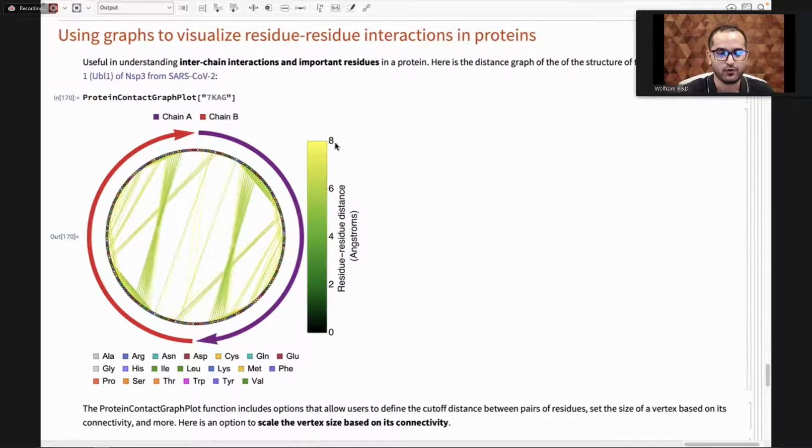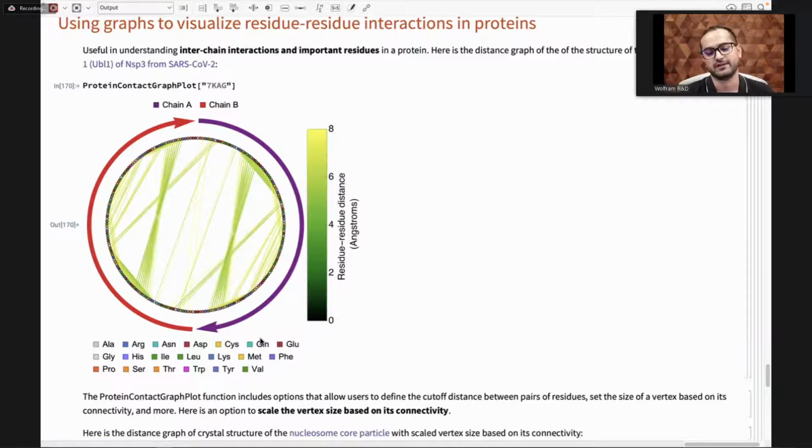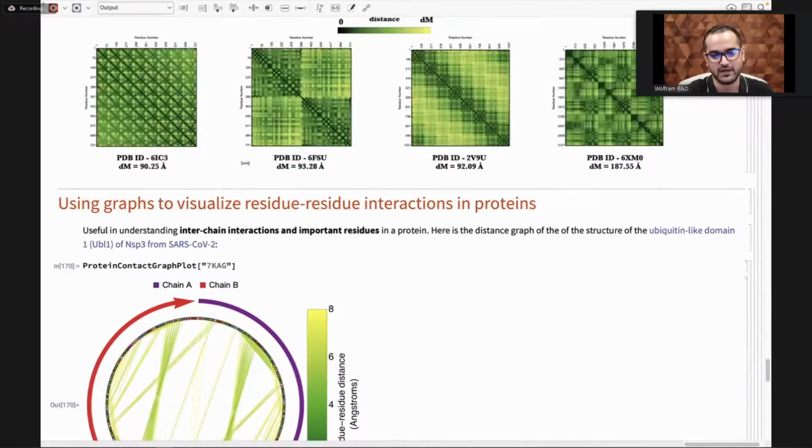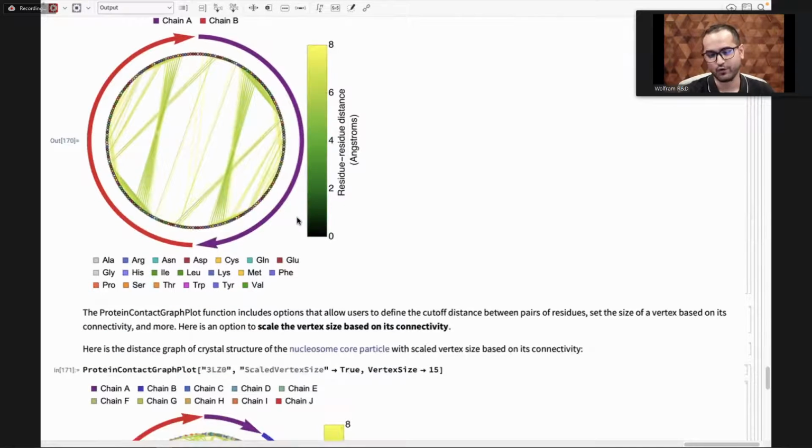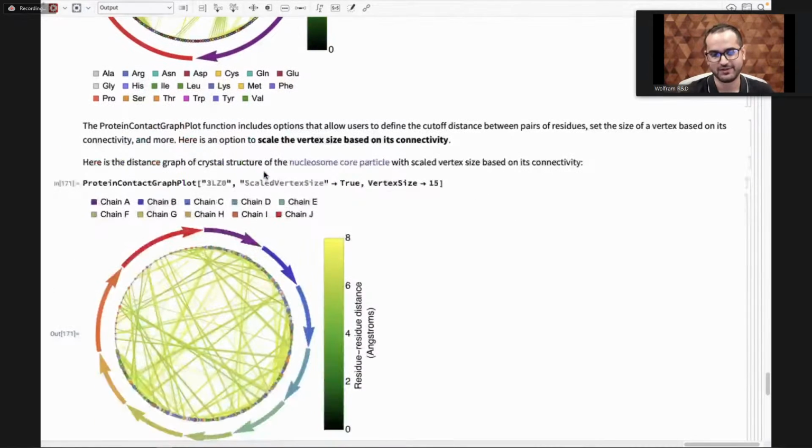So the color bar again shows distances of residues up to 8 angstroms. If the residues are further than 8 angstrom, they won't be connected by an edge. So this can be really helpful to understand the gross topology of a protein structure, which is often lost in a contact map. One of my favorite options for this function is actually scale vertex size.